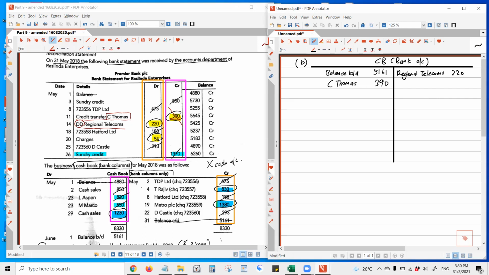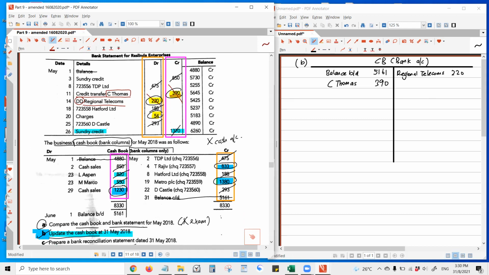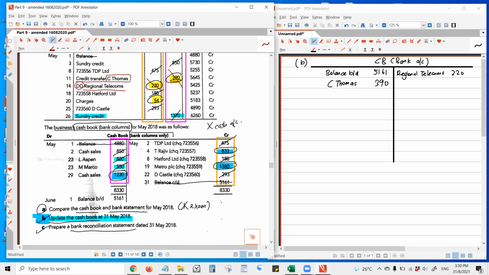Okay. Now, next number, after you have written, you tell me. We don't have to write the date of it. The date is easy to write in the exam. You try to observe throughout the question. You only have to use this date, 31st May 2018. If there's a date column, you just write 2018 May 31st.